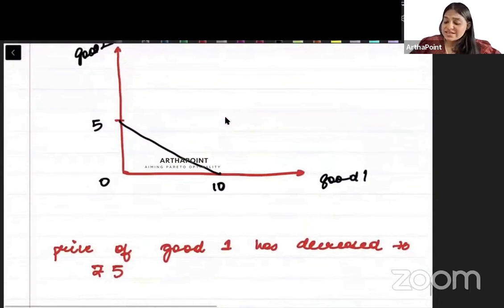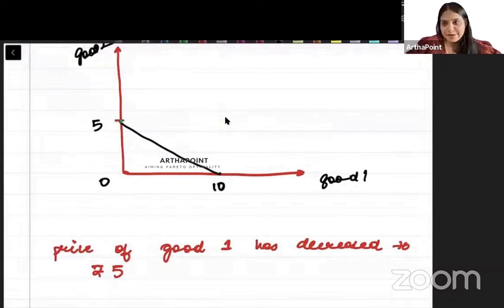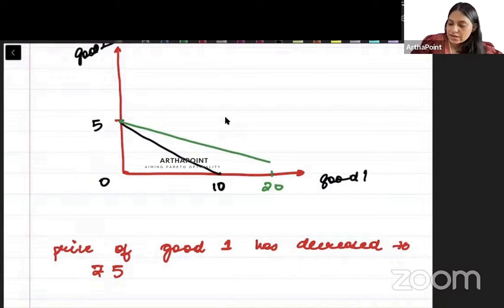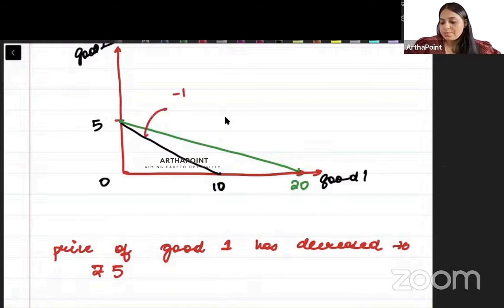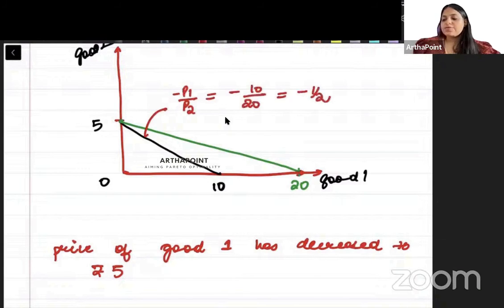So the y-axis intercept is still 5. But the x-axis intercept is now 20, where 20 is falling here. Okay, what about the slope of the budget line? Earlier the slope was minus P1 by P2, minus 10 by 20, minus half.